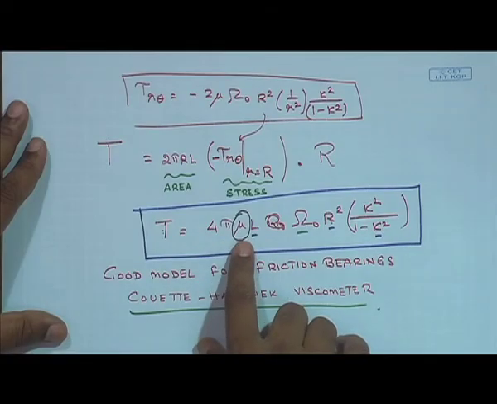So in order to maintain the assumptions in the system, it is customary to rotate the outer cylinder and not the inner one, such that laminar flow can be maintained for a longer duration, for a higher value of omega naught, the rotational speed, and you can still use the expression to obtain the unknown mu.